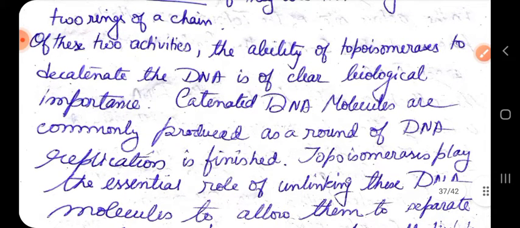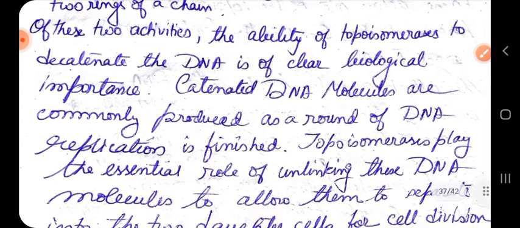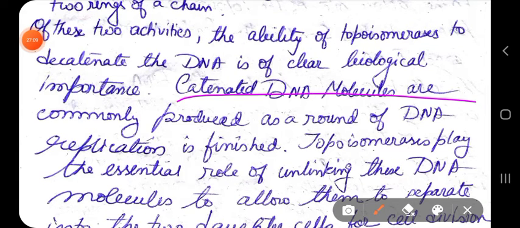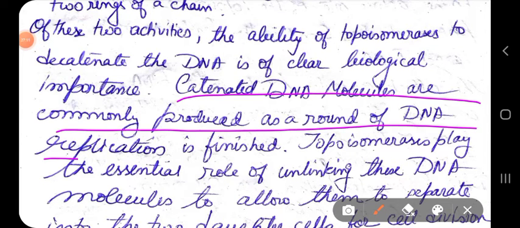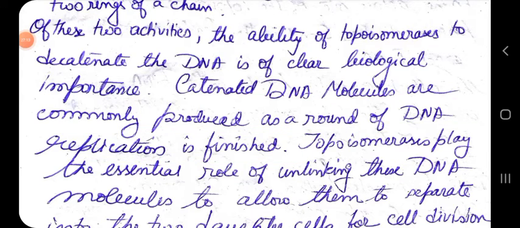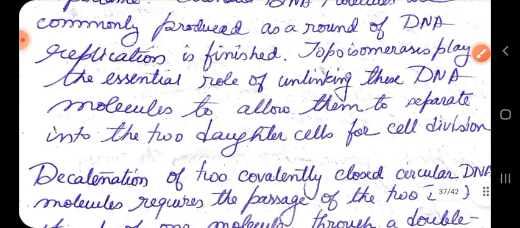So when DNA replication occurs, the DNA now has to be distributed among the daughter cells. Normally catenated DNA molecules are observed when DNA replication is finished. Topoisomerase plays an important role by unlinking those DNA molecules to allow them to separate equally into two daughter cells for the cell division process.